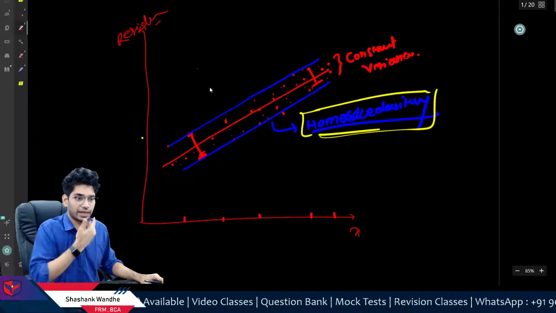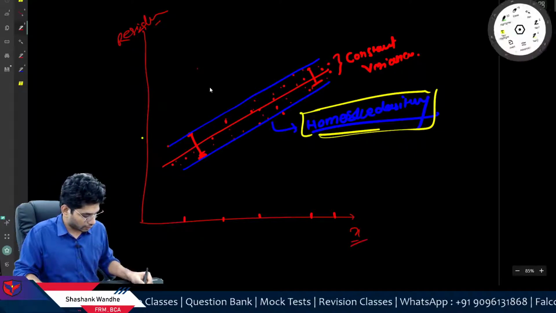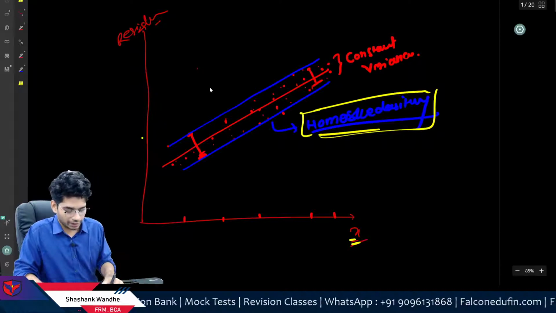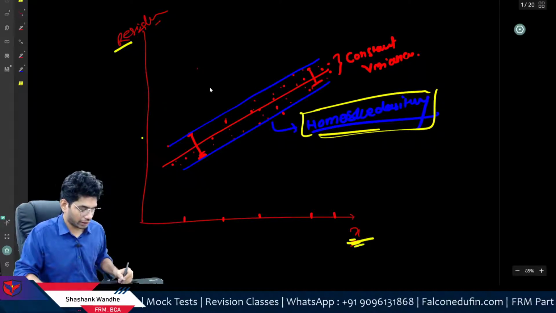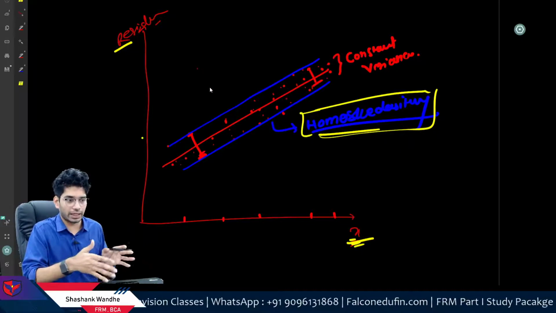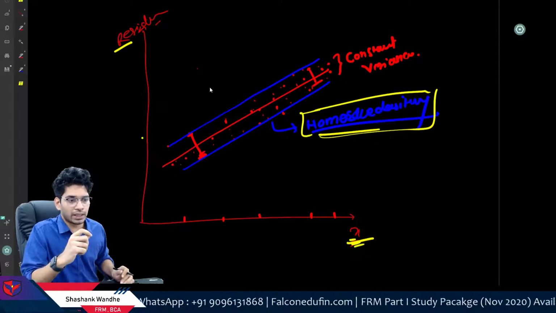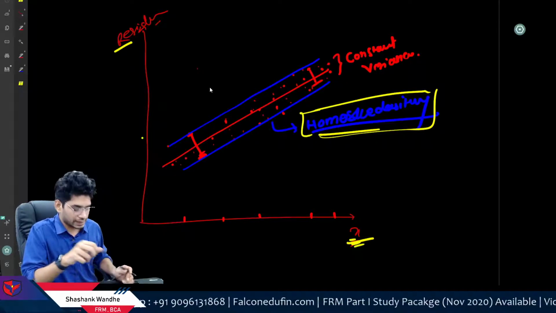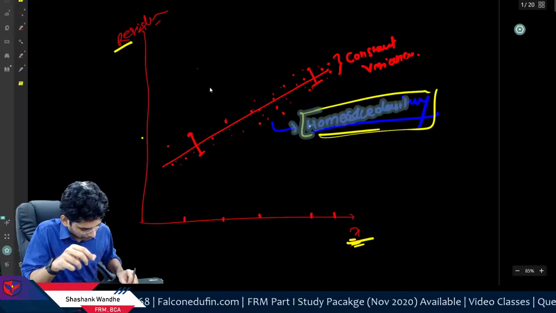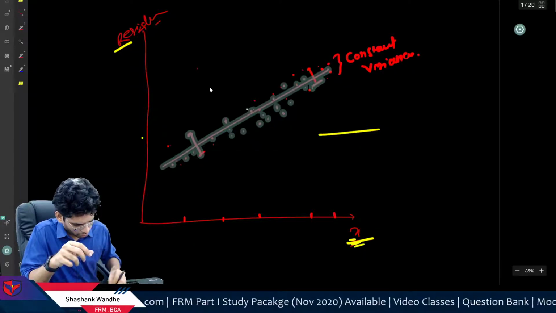Now just see this diagram. We are plotting the residuals against the independent variables. There are multiple ways to plot this diagram, but here we are plotting the independent variable against the residuals. You can also do it with the fitted values. I'll just draw it for you again.